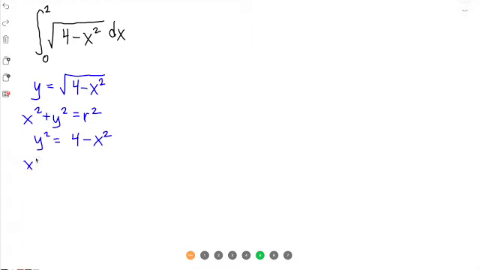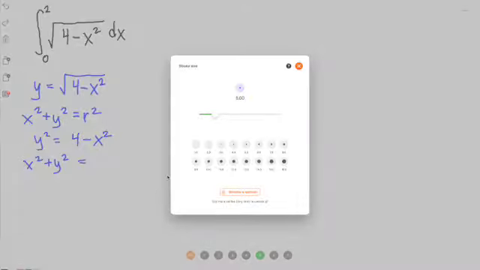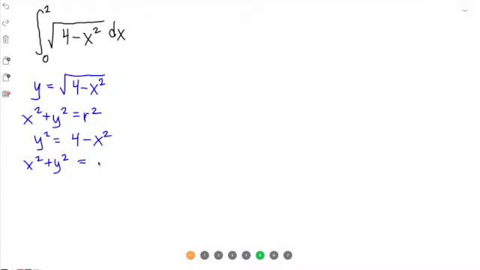Rearranging, that would be x squared plus y squared equals 4, or that's 2 squared. So it means that our equation here is an equation of a circle with the radius 2. So r equals 2.